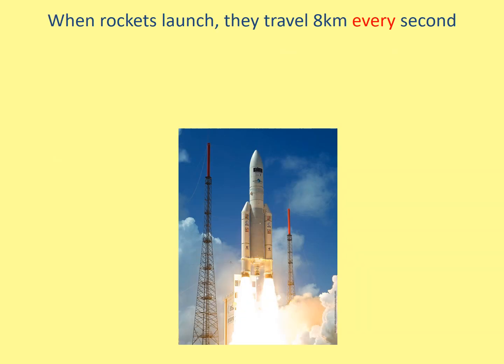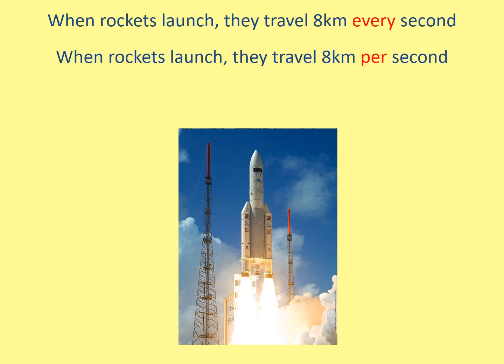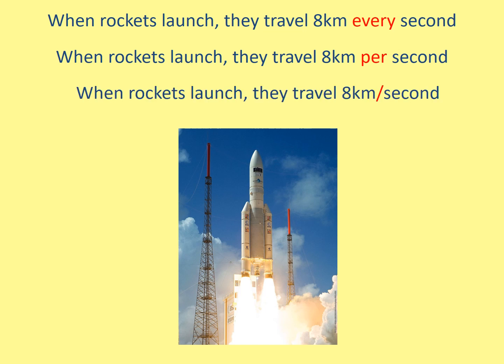When rockets launch, they travel 8 kilometres every second. This is the same as saying when rockets launch, they travel 8 kilometres per second. That forward slash means the same thing.